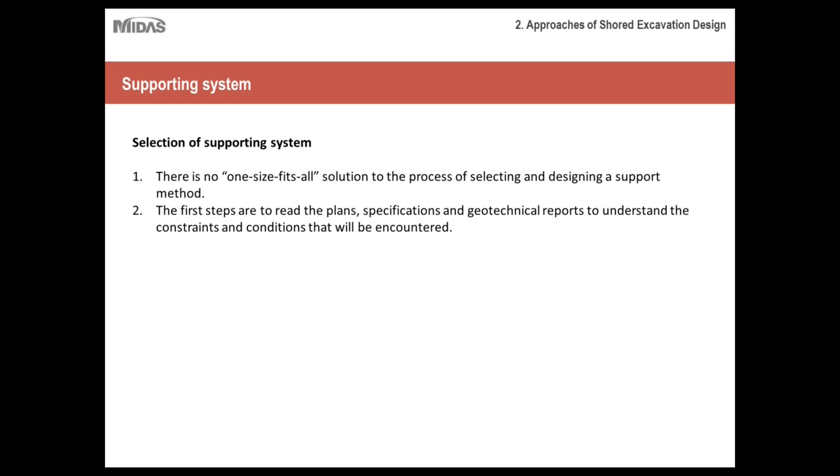And the second important point is that the first step is to read the plans, specifications, and geotechnical reports to understand the constraints and the conditions that will be encountered. As I discussed in the previous chapter, there are different types of supporting systems and they depend upon the site specifications. So this point is reinforcing what we just discussed.